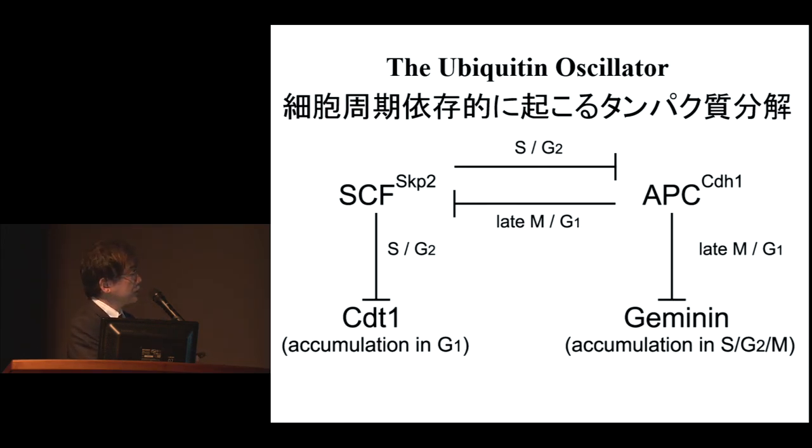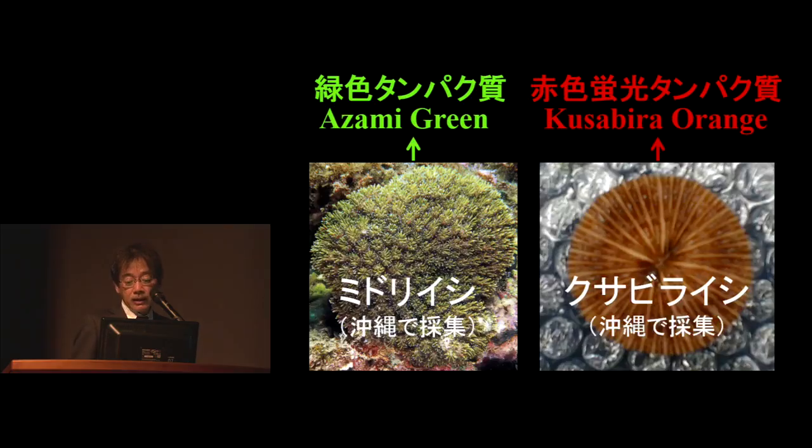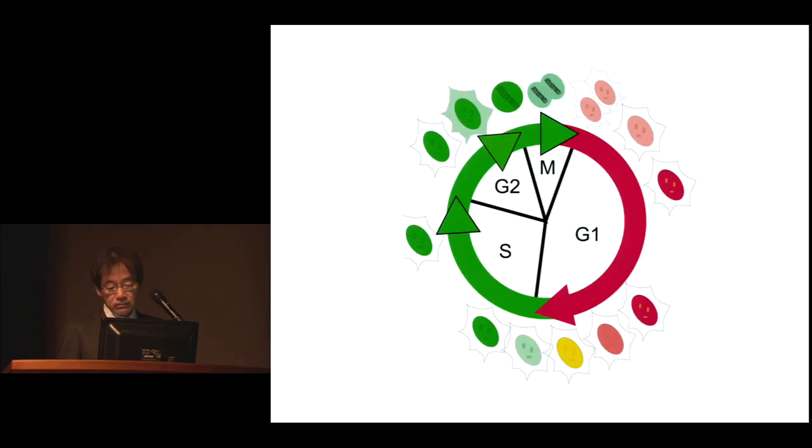And these two E3 ligase activities oscillate reciprocally during the cell cycle. Their substrates include Cdt1 and geminin, and these two protein levels also oscillate reciprocally. And we used the ubiquitination domains of these proteins plus our own green and red proteins to create the cell cycle probe, which labels individual nuclei in G1 phase red and those in S/G2/M phase green.